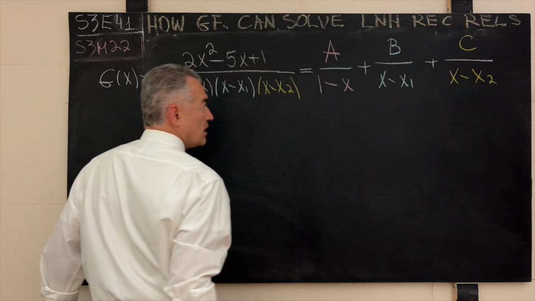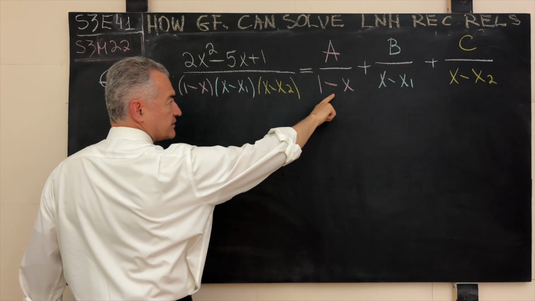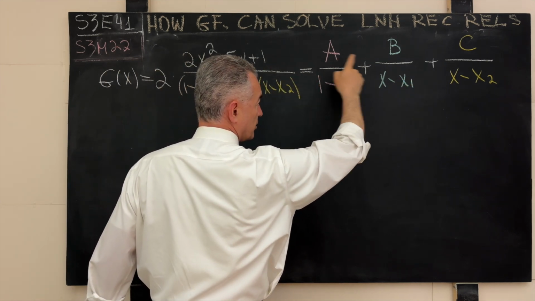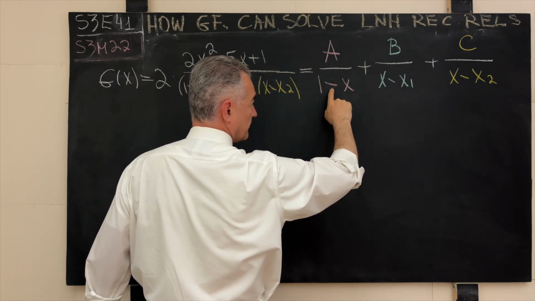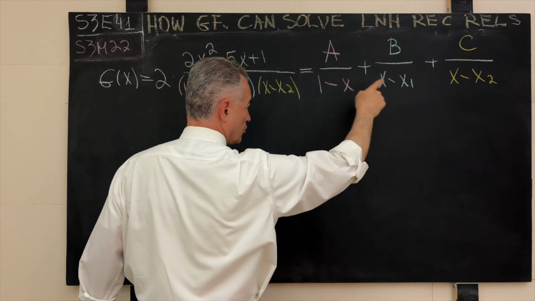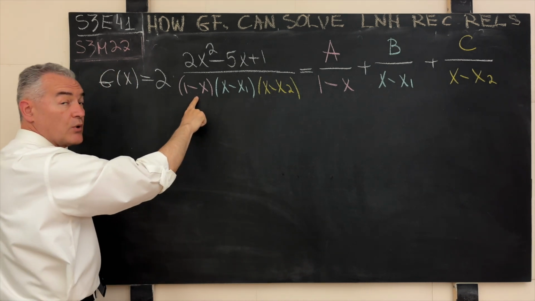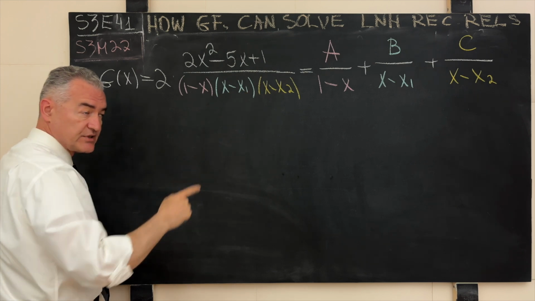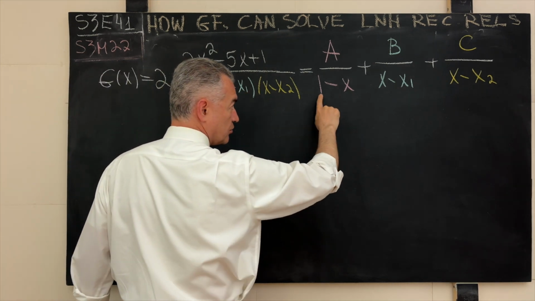Such a factor will cancel out only in one place. For example, if we multiply all the terms in this equality by 1 minus x, it will cancel out only in one place here. And then we evaluate the result at precisely x equal to 1.